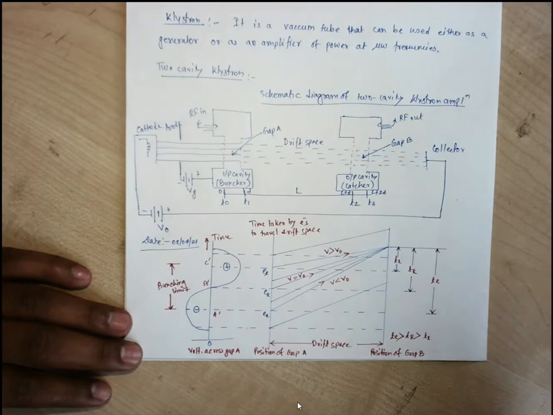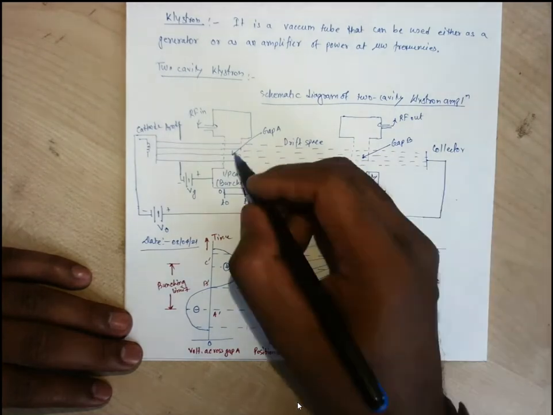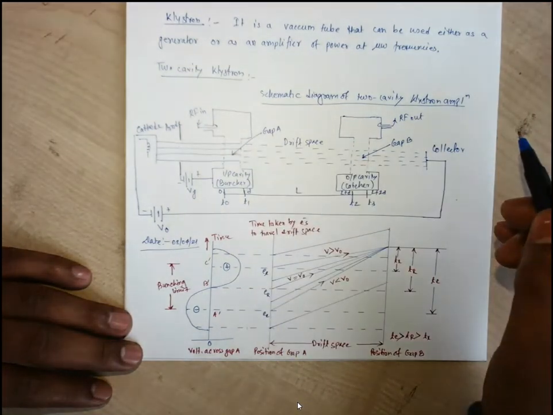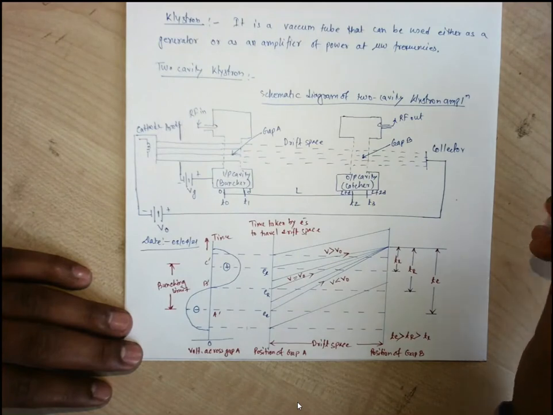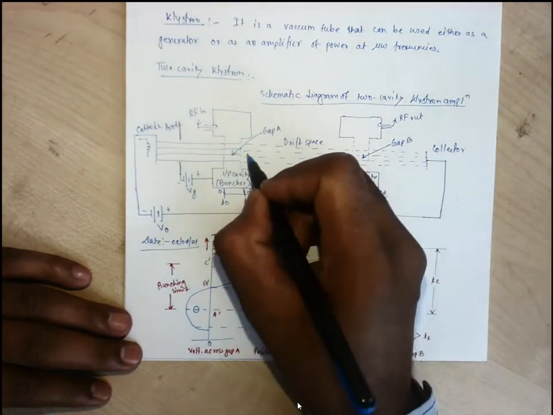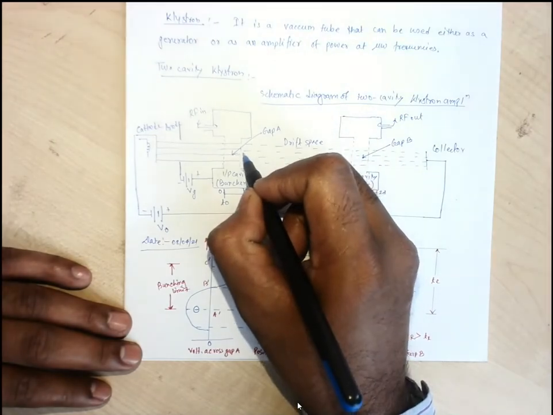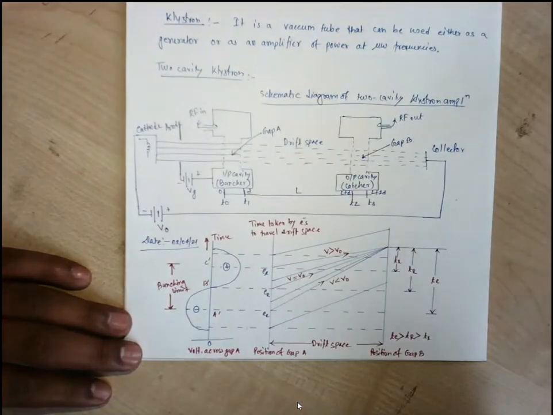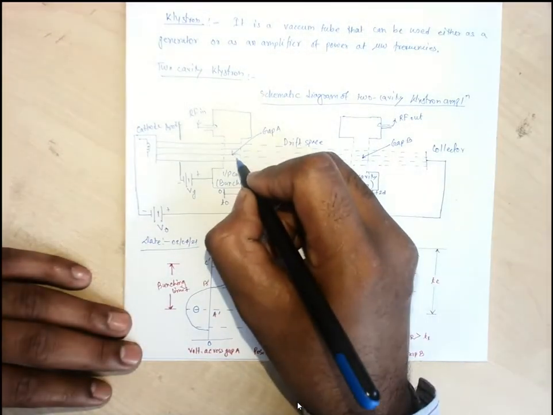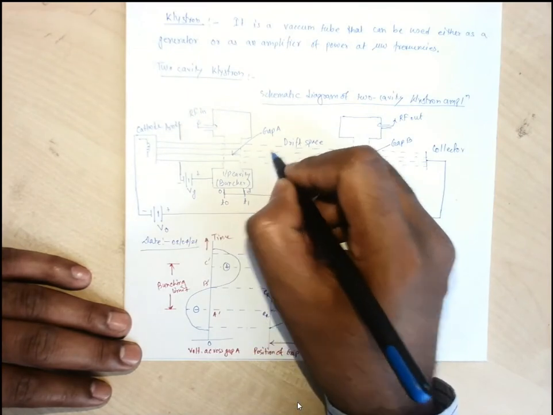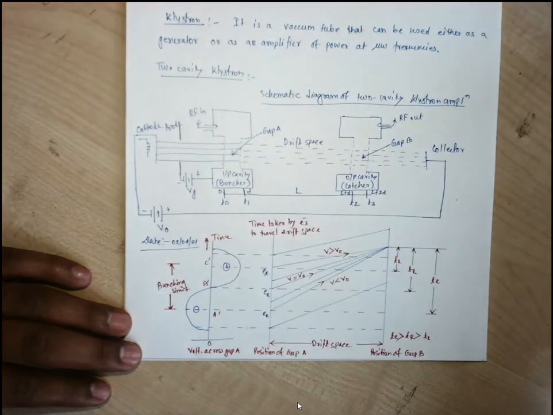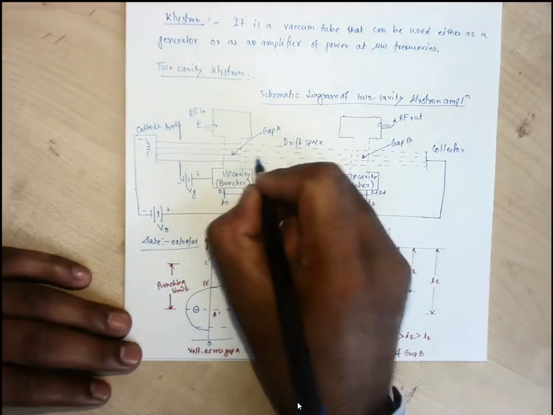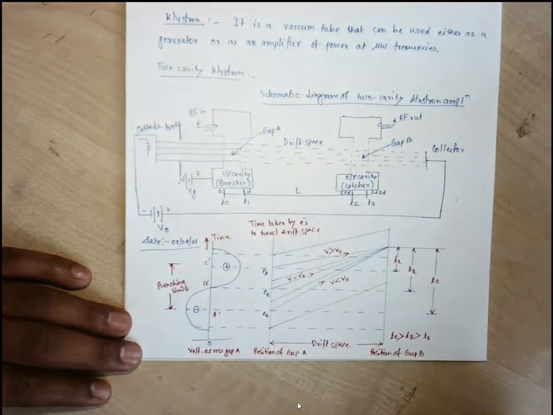Now electron number 3 appears at that gap and finds the positive potential, so it will accelerate. When number 2 comes, number 1 has obviously already traveled some distance in that drift space, though it is decelerated.